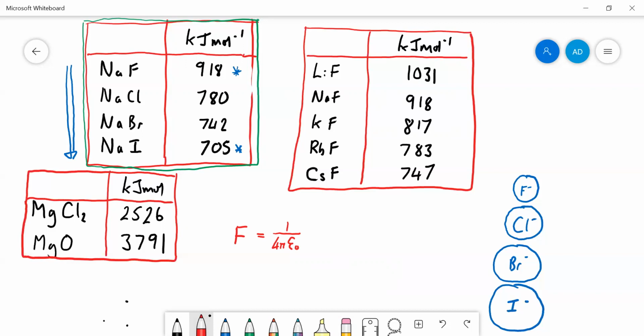This whole thing is a constant, multiplied by Q1, the charge on the positive ion, and Q2, the charge on the negative ion, divided by r squared. Now r is the separation of the charges, the distance.